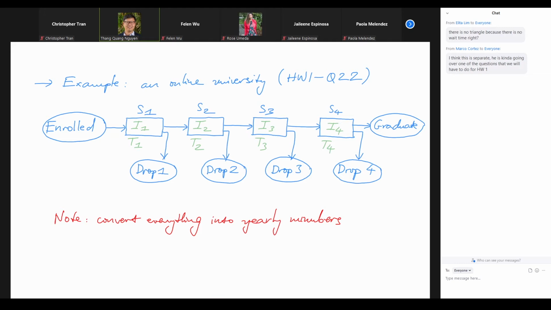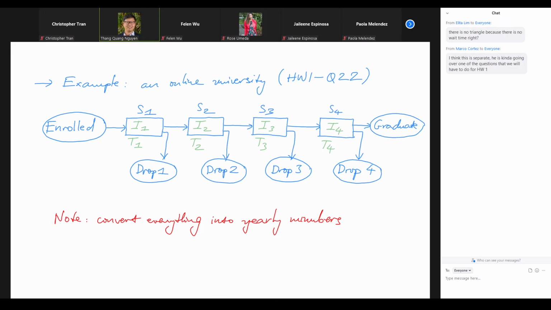So the whole university is a big process. And in this case, we break it down into 4 sub-processes: sub-process 1, 2, 3, and 4. And I give you the inventory, I give you the flow time, right?